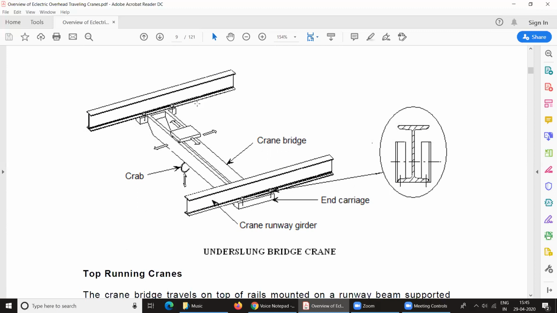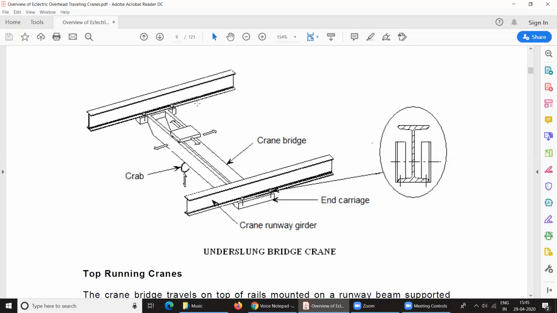Runways are installed on building columns, overhead trusses or frames much above the floor level. The hoisting device moves along the bridge while the bridge moves along the runway.